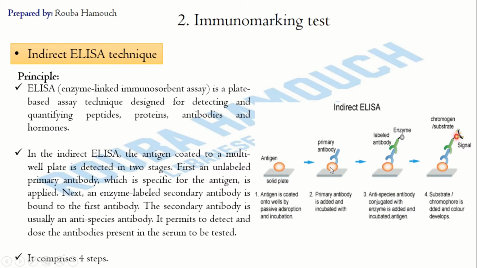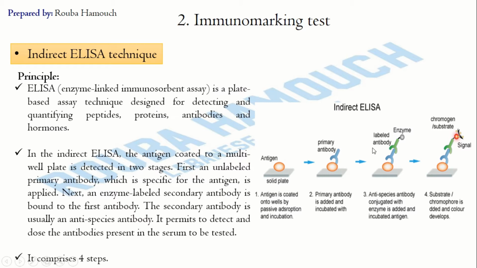The serum to be tested, we suppose that it might contain anti-HIV antibodies. The anti-HIV antibodies that could be found in the serum of the patient are called primary antibodies.